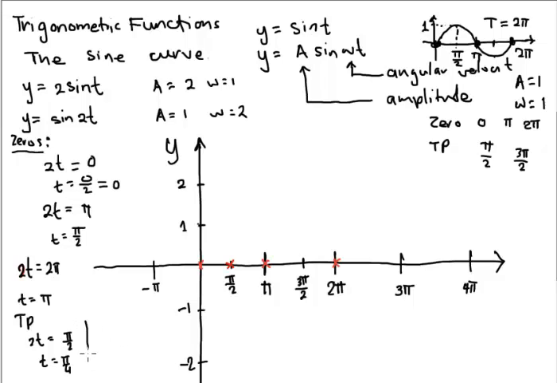Then, let me draw a line here to separate these two, you get 2t equals 3 halves of pi, isn't it? Which will give us t is equal to 3/4 of pi.